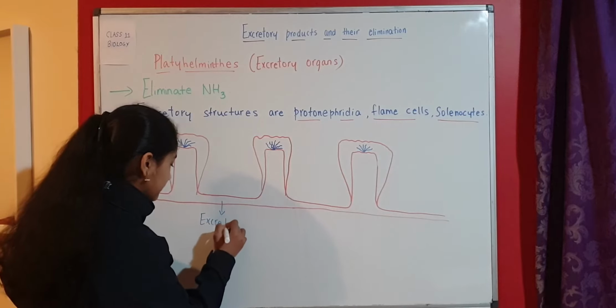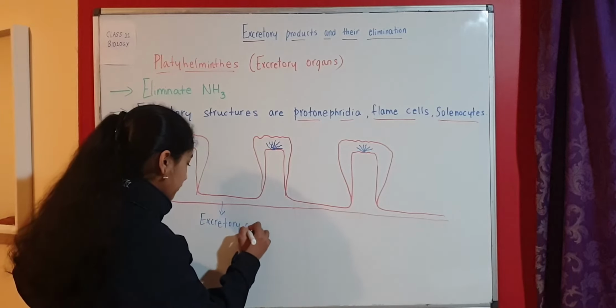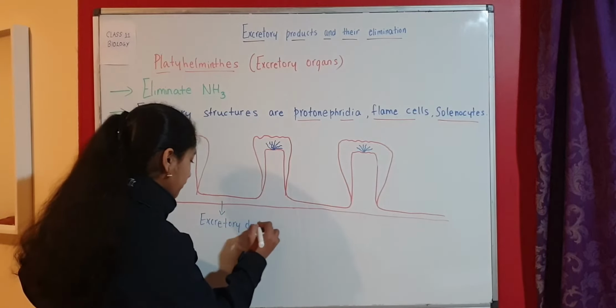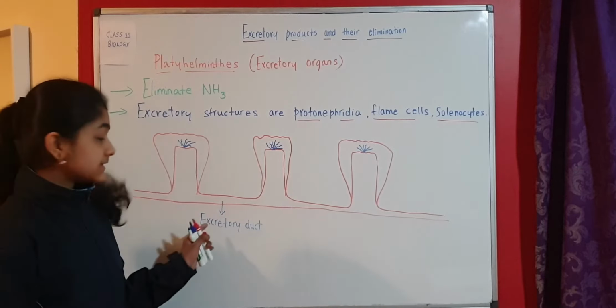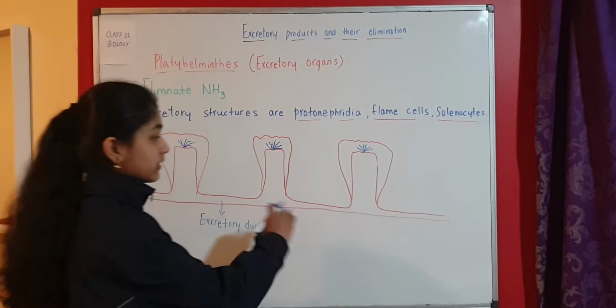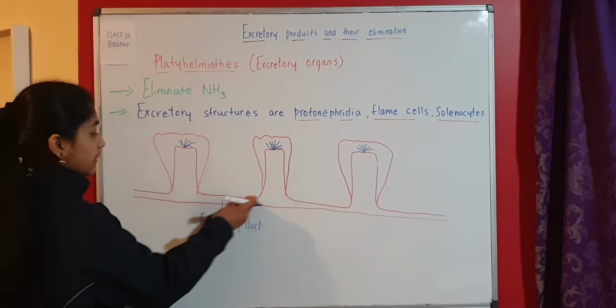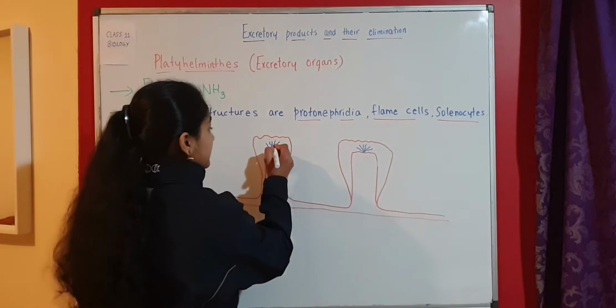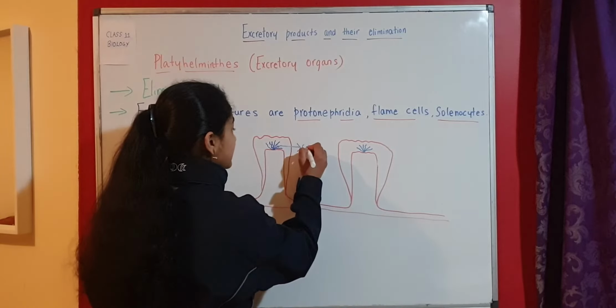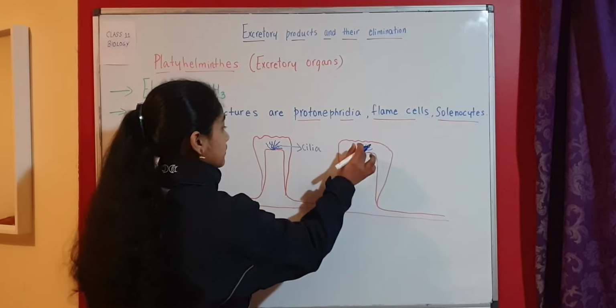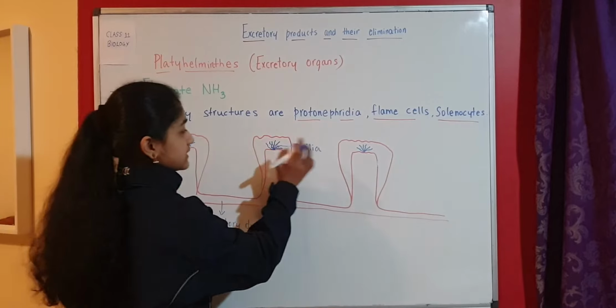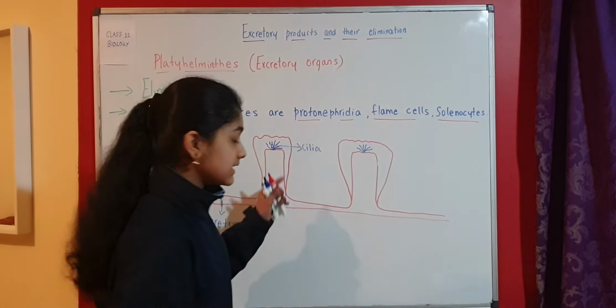From this long duct, the ammonia, this excretory product, passes through. These are cilia. These thread-like structures are called cilia.